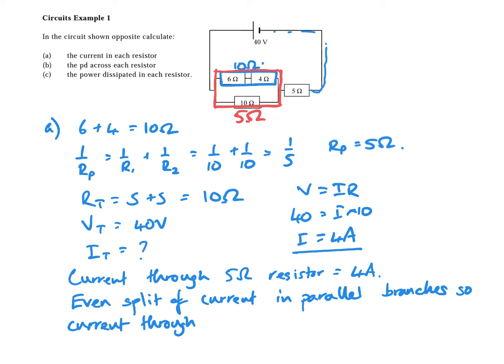So current through all other resistors, in this case, is 2 amps. So we've now worked out all the currents, and now we can simply work out all the voltages using V equals IR.